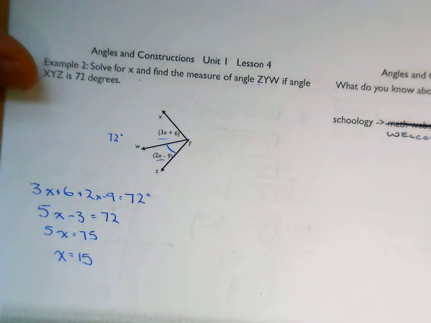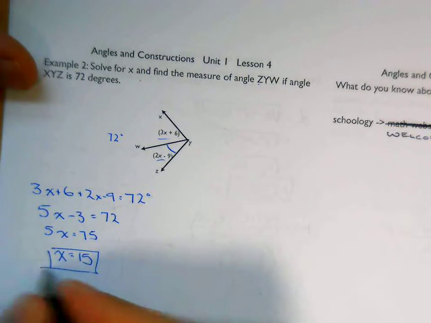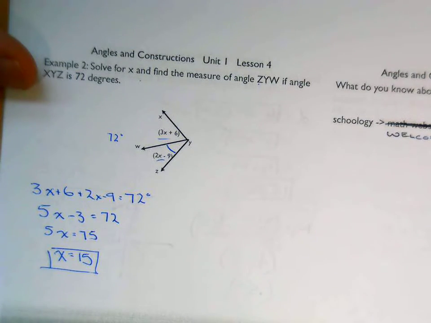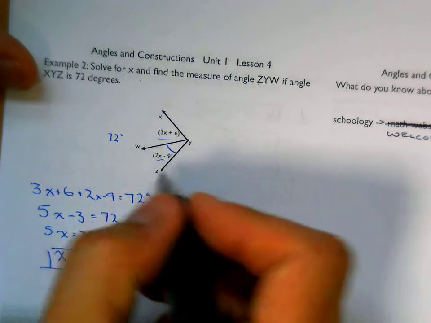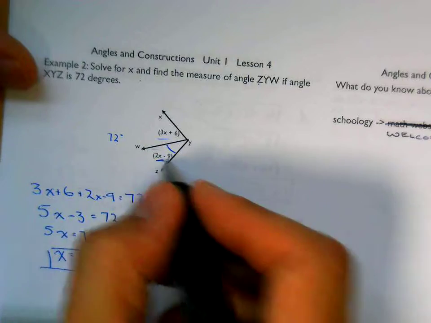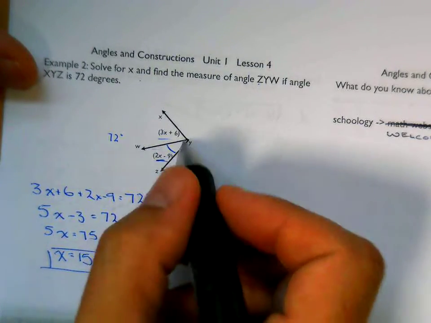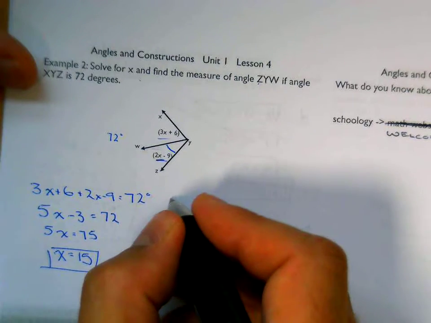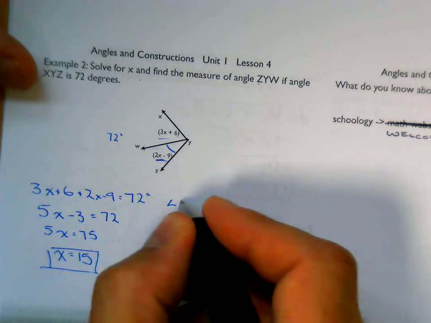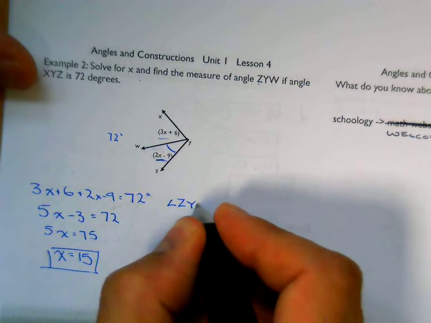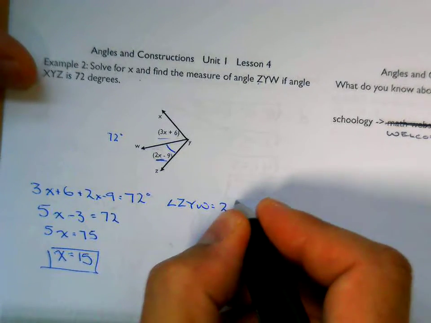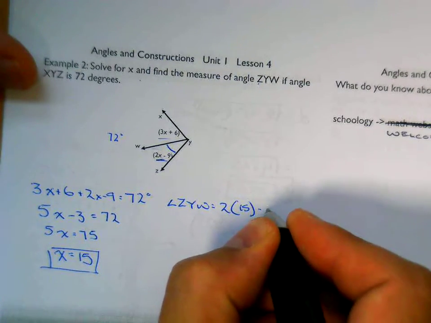Now, don't forget that we can't stop here. We need to put this back into our expression to find the measure of angle ZYW, and so we'll plug that back in. So angle ZYW is equal to 2 times 15 minus 9.